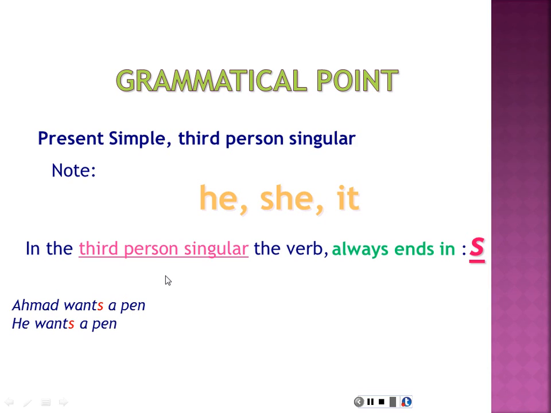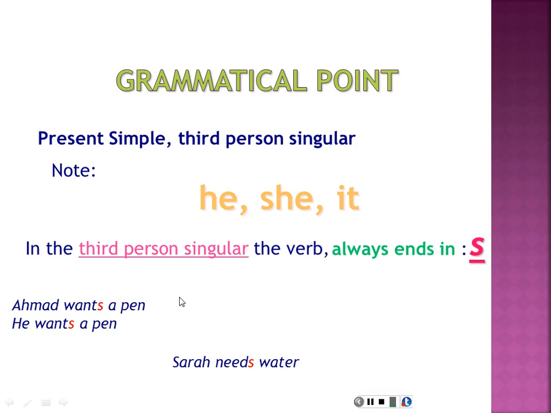We can say he wants a pen. هو يريد قلما. He wants a pen. So he replaces Ahmed. As we said, a pronoun can replace a noun. So he replaces Ahmed. This is the first part of the examples.